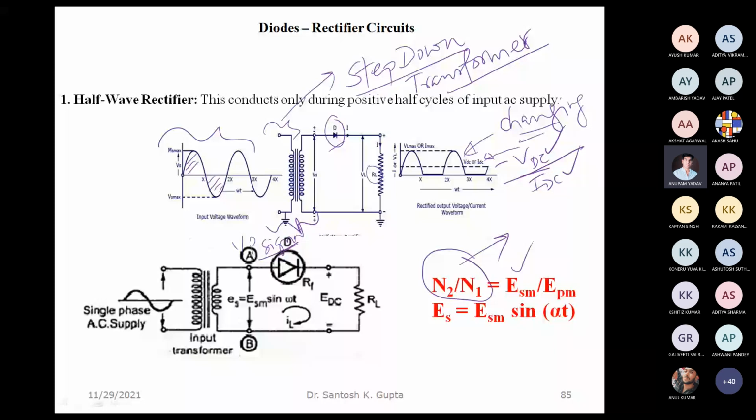So the input side is called the primary, and the output side of this transformer is called the secondary. So there is a relation between the potential of the primary and secondary, which is given in terms of the turn ratio. Okay, so mostly this is a single phase supply.